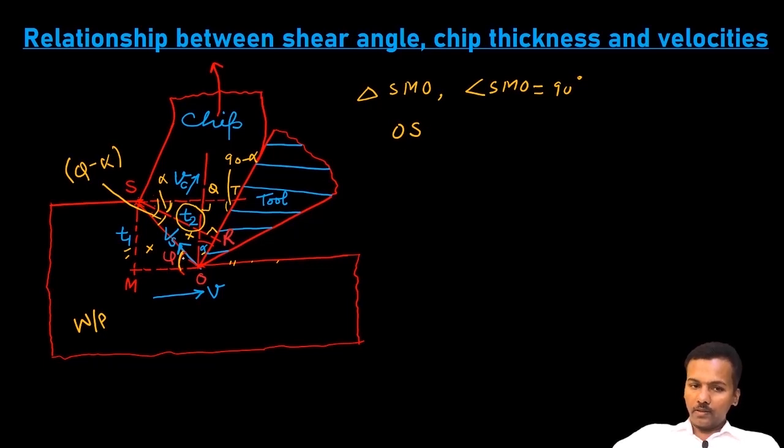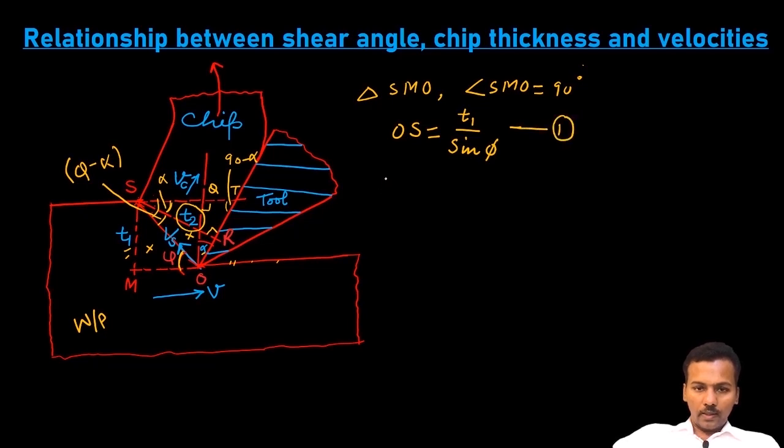Sine phi equals T1 by OS, so OS equals T1 by sine phi. From this we get OS equal to T1 upon sine phi. This is equation 1.